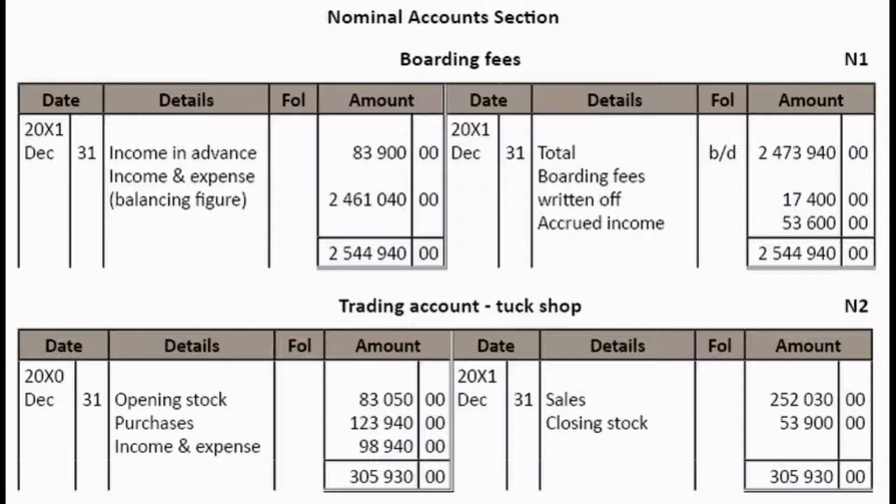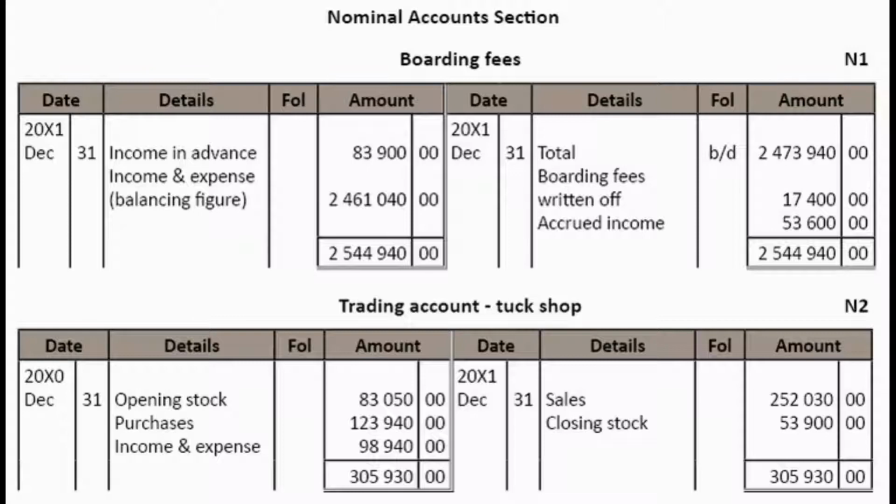I'm just explaining why on the debit side of the trading account the account's name is opening stock, because that was supposed to be in the nominal section, and not that stock account in the balance sheet section, if you understand what I mean.